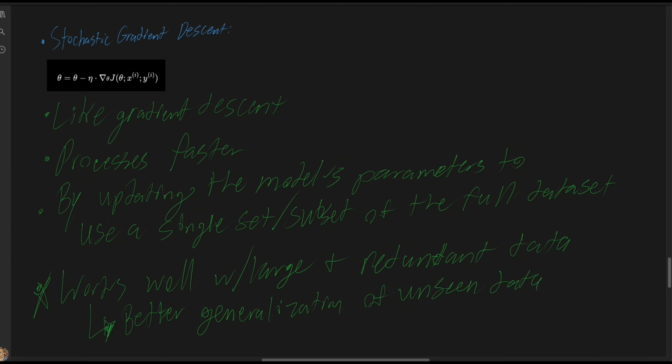And to go over the symbols, so stochastic gradient, theta is the parameter vector. Eta is the learning rate.